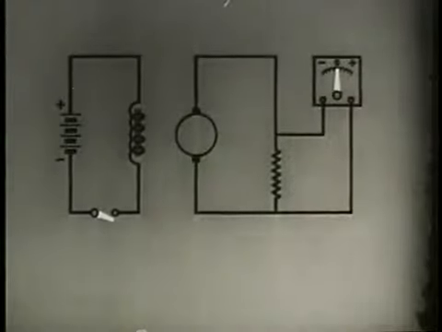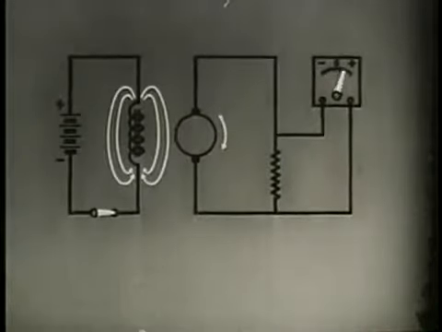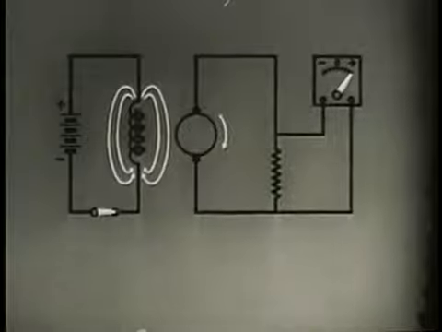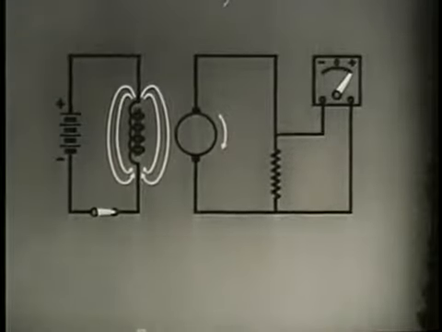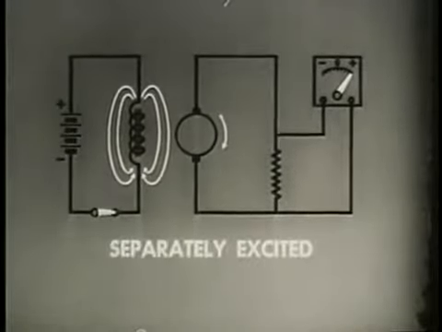The field winding used in this DC generator can be represented by a symbol. The symbol is that of an iron core inductor. Current to excite the field windings can be supplied from an external source. In that case, the generator is classified as separately excited.